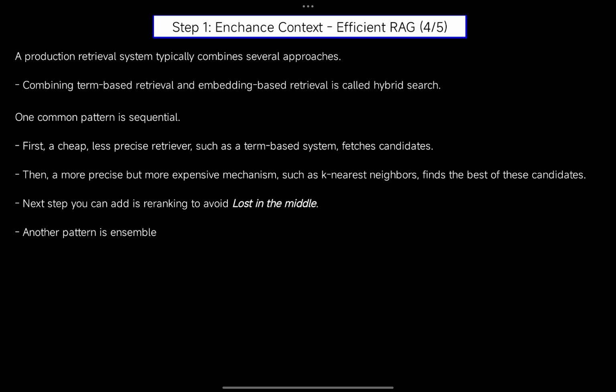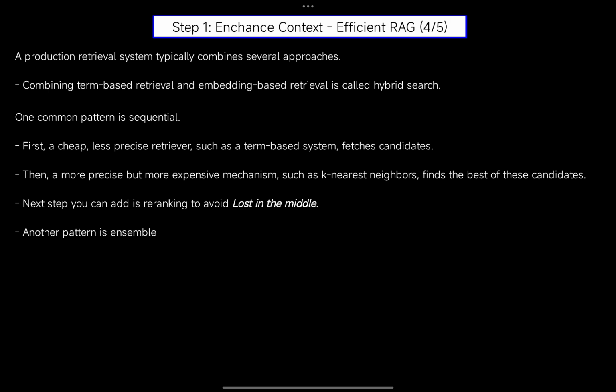The portion belonging to the middle or the end part of the context might not be given as much importance as compared to the first part. So that's why a re-ranker will fetch the documents and give higher importance to the much more relevant documents, and those will be placed at the start of the context, right? So which can also avoid this lost in the middle concept.